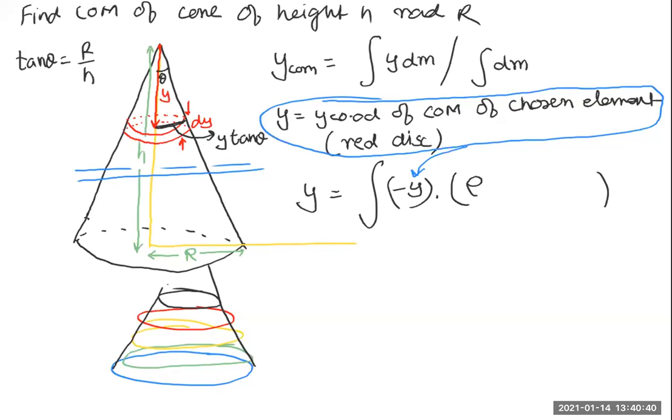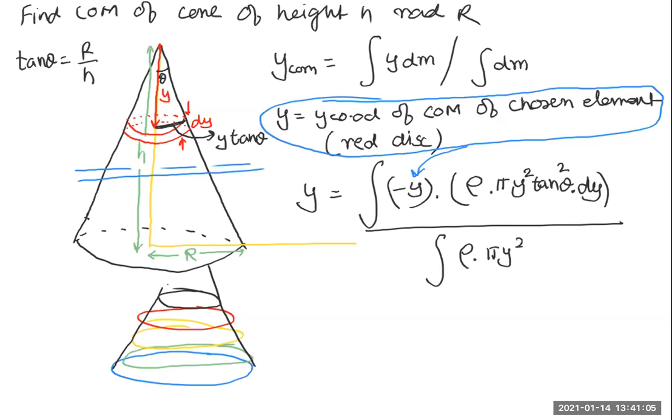Right, so I am actually using similarity only, but with trigonometry. So density into pi r square, that is pi y square tan square theta, into thickness, which is dy, whole divided by integral of density into pi y square tan square theta dy.